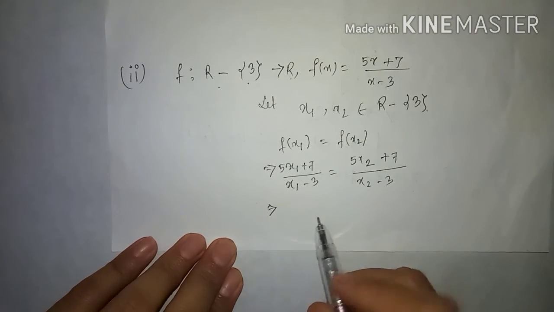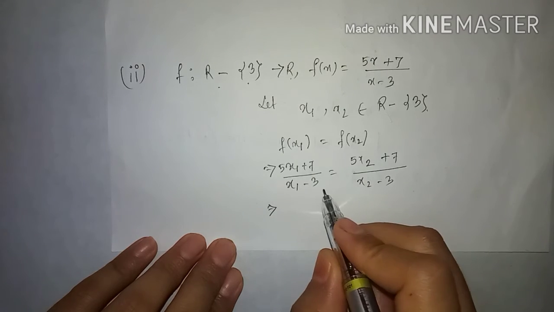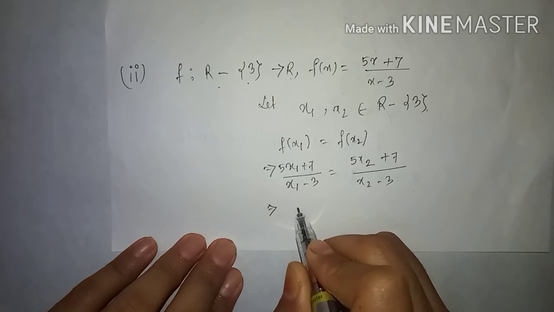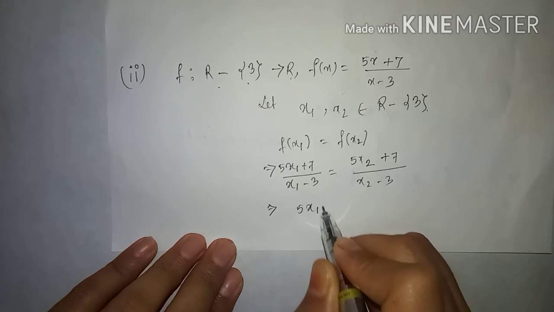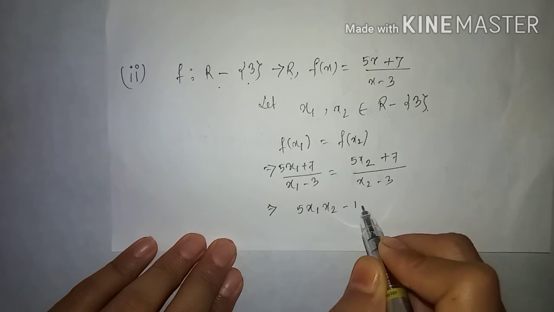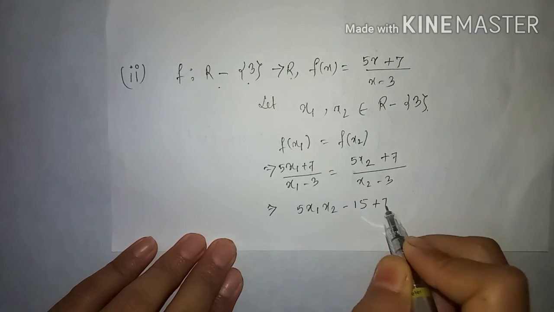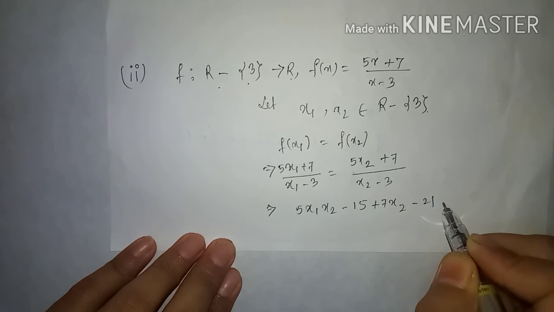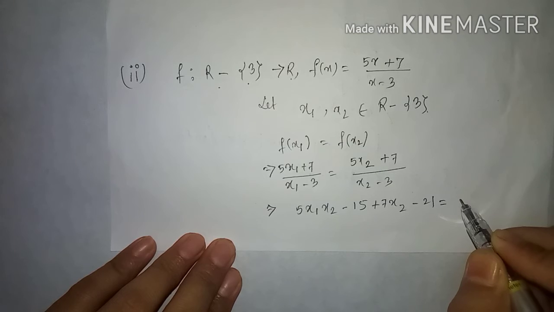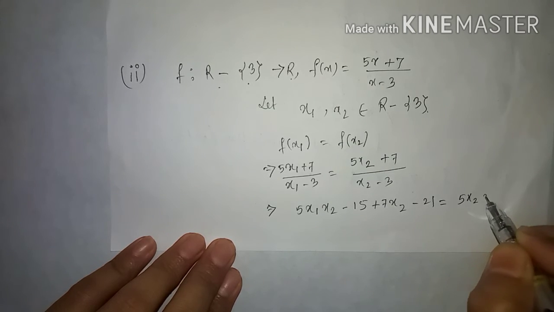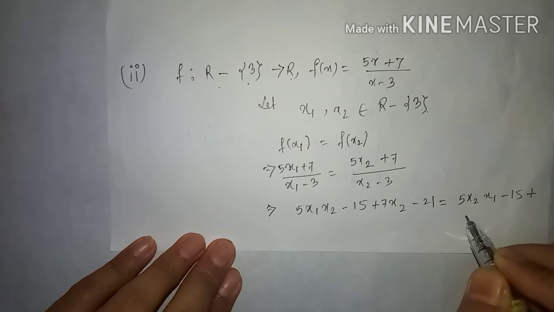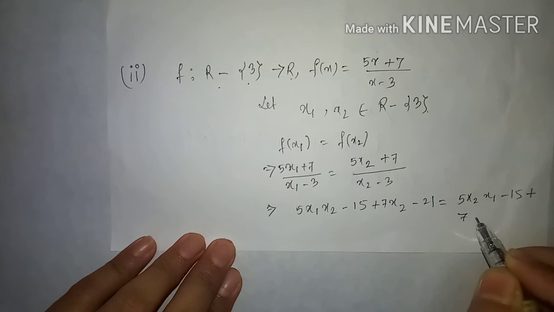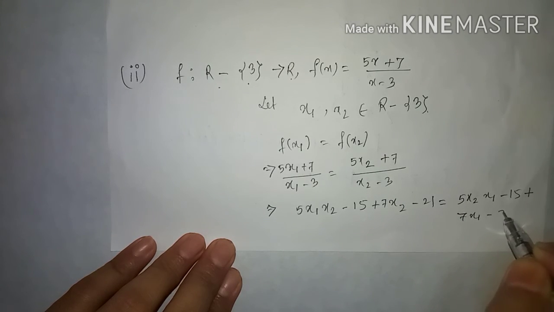We cross multiply it, and the right hand side becomes 5x2 x1 minus 15 plus 7 x1 minus 21.